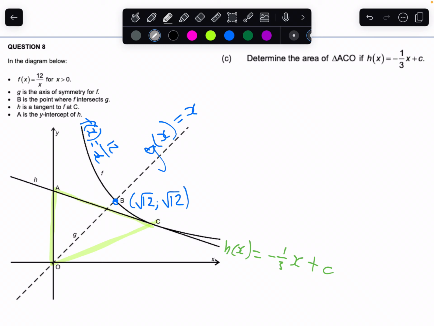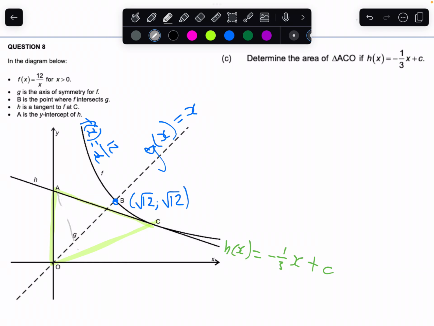CO looks slanted, so does AC, whereas AO is a vertical line, so the length of that will probably be easier to figure out. Well, that's debatable actually. It might not be hard at all. But then where does the perpendicular height even go? Would it be something like this? Figuring that out would actually be the tricky part.